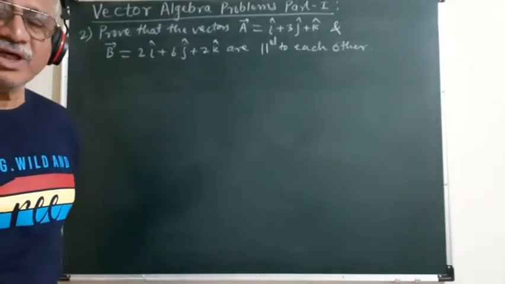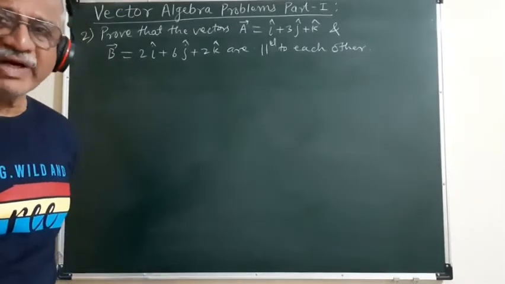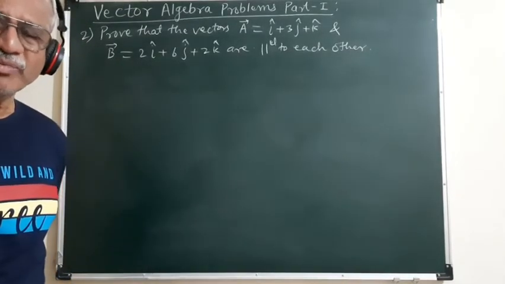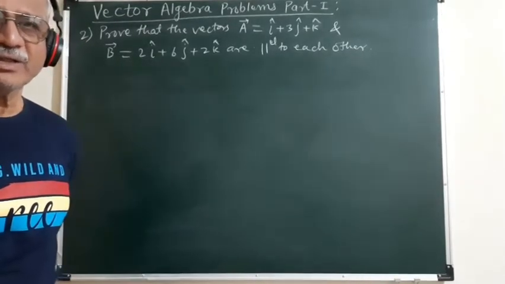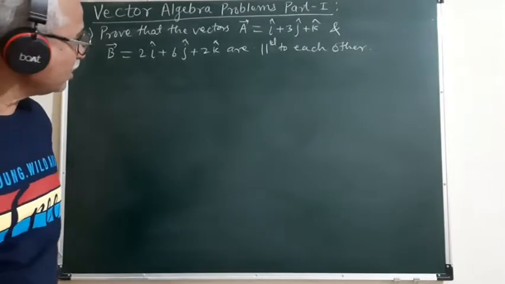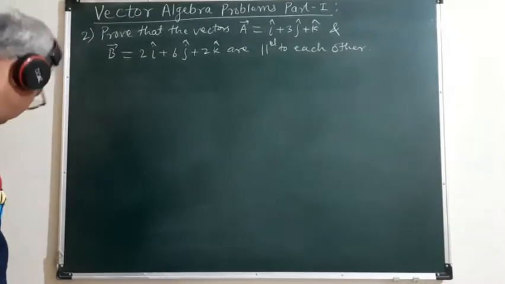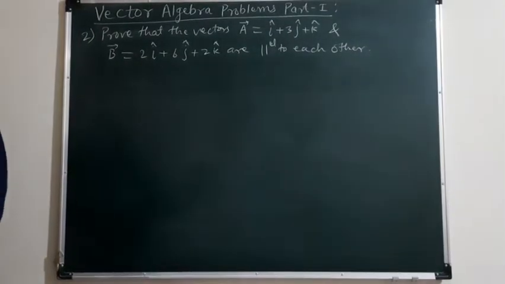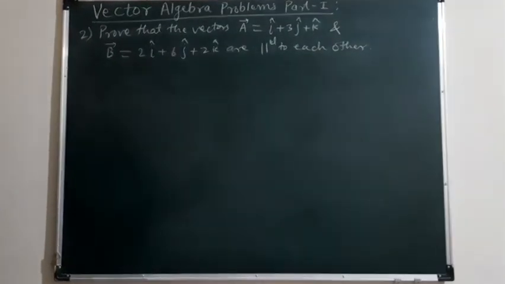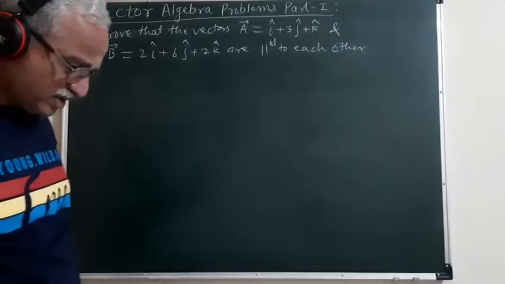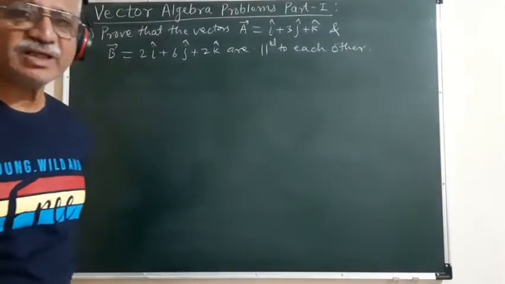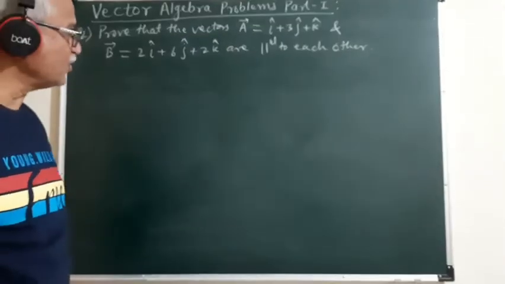However, the cross product of two parallel vectors works out to be equal to 0, and if the two vectors are perpendicular to each other, then their cross product is non-zero.